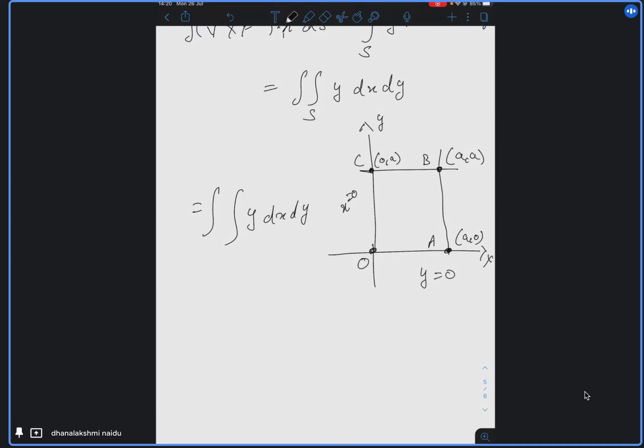This is the region of integration, R is the region bounded by this square. Who will answer? Fast. What are the limits of x and y?